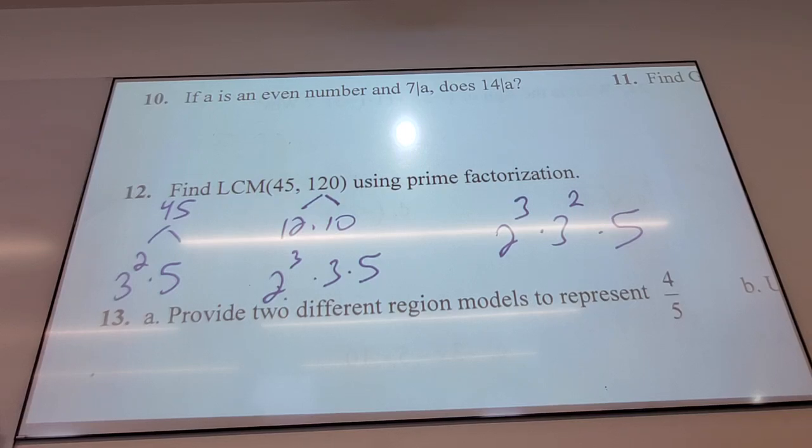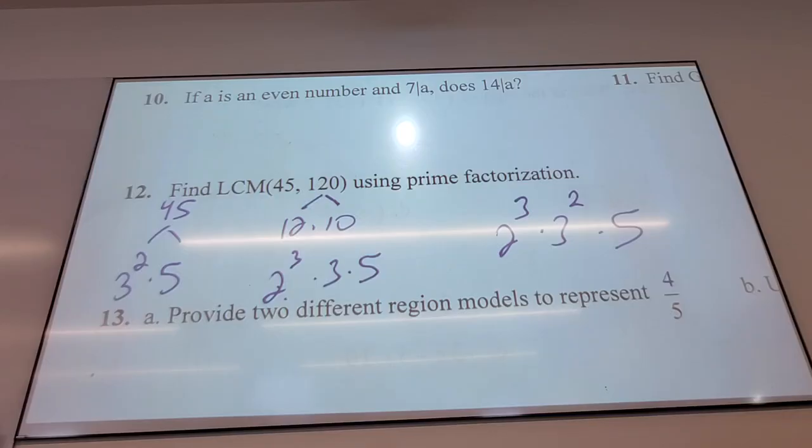Real quick, can somebody help me? 2 cubed is 8, 3 squared is 9, 8 times 9 is 72 times 5. How do you multiply by 5 easily in your head? Compensation. What's a really cool number to multiply by, besides 1? 10. So if I've got 72 times 5, I can borrow a factor of 2 from 72, yes?